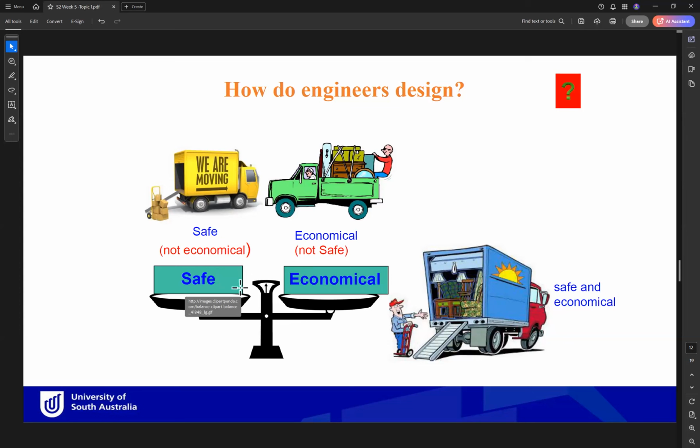So our role is to make a balance between safe and economic design, to save money for the owner and also make sure that the tenants or users of the buildings are safe. This is the main role in design: making this balance.